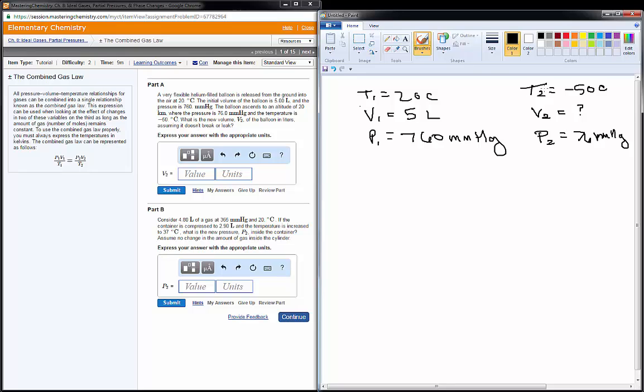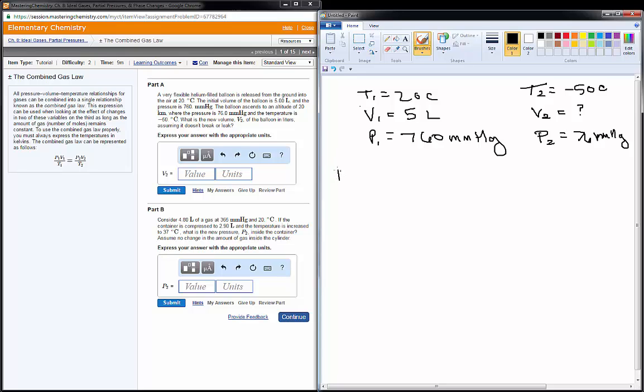All right, so in order to solve this, we've got multiple variables here, more than we did before, and we're going to use what we call a combined gas law, which puts together the individual gas laws that we had previously.